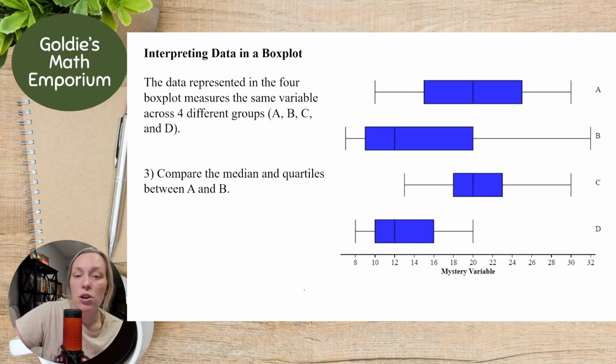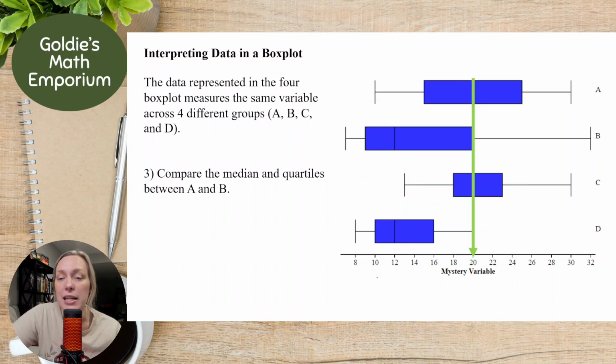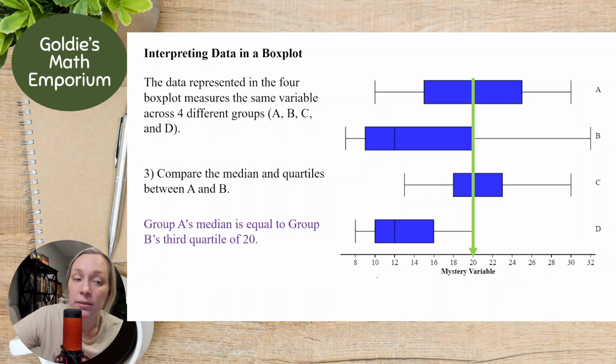Let's take a look at first the medians. The median of A, how does it line up with the median or the quartiles of B? Well, Group A's median is actually equal to Group B's third quartile of 20.